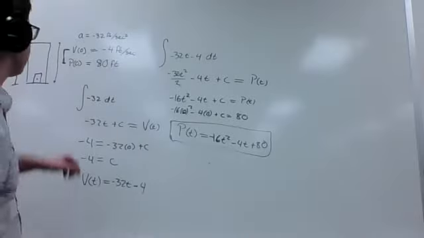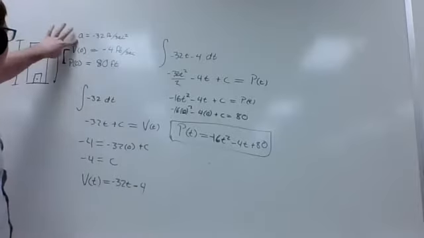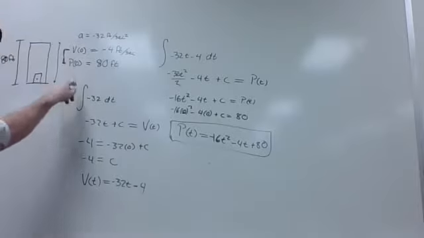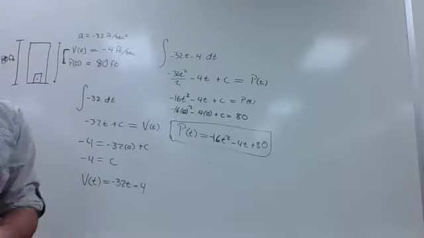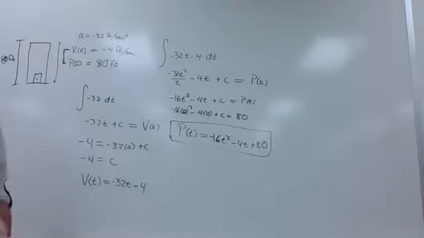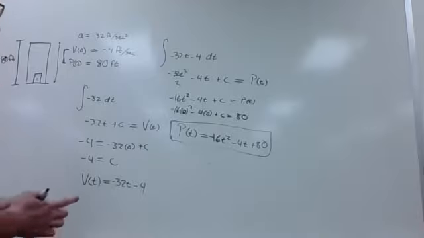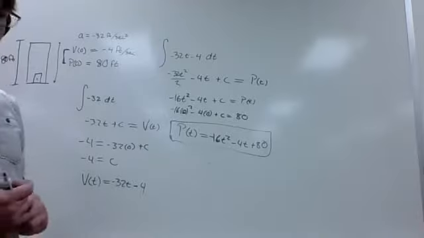But on stuff like this, where we start with an acceleration and we want a position out of it, then we're going to need to do it twice. There are probably other cases where we have to do it more than once. So it's a straightforward problem, but it's just kind of long. It takes a while.